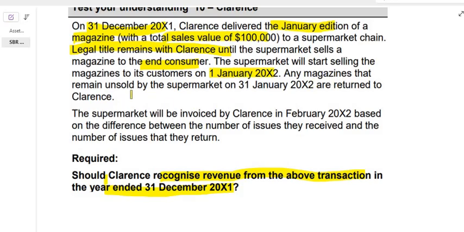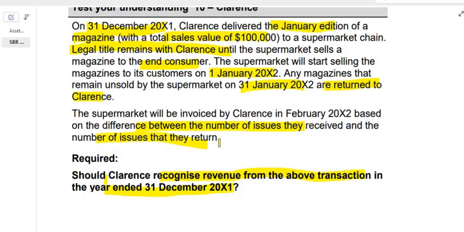Any magazine that remains unsold by the supermarket will be returned. So this is the right to return to C. And the supermarket is invoiced based on the difference between the number of issues they receive. So there are risk and reward issues.